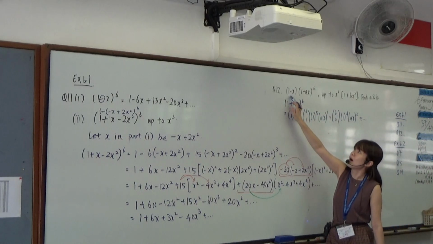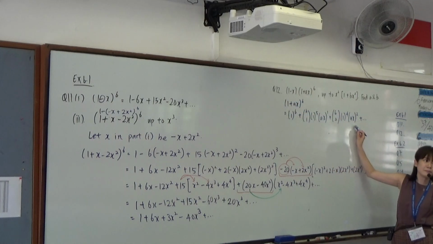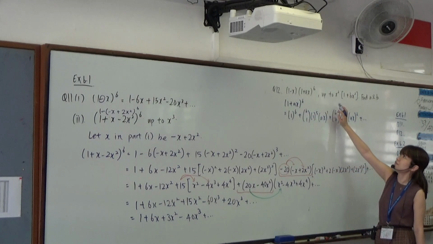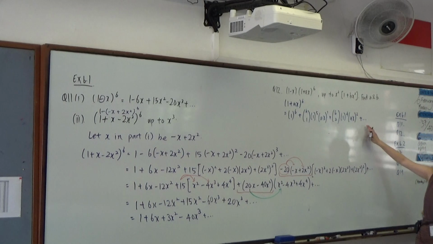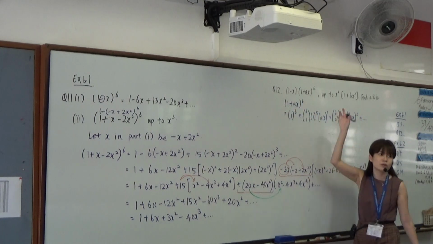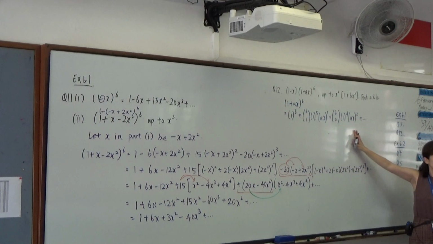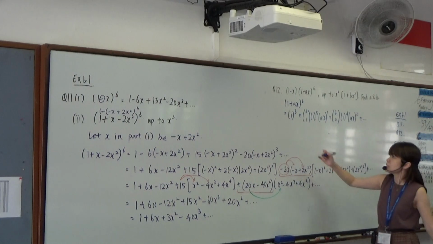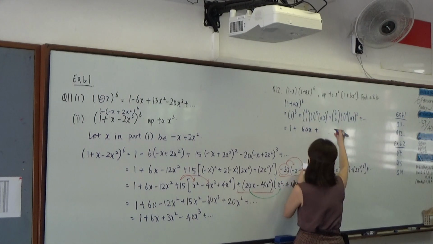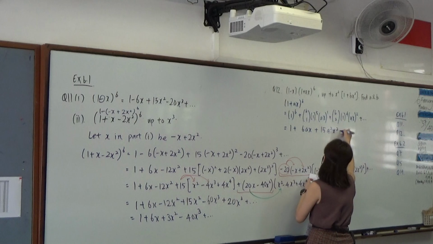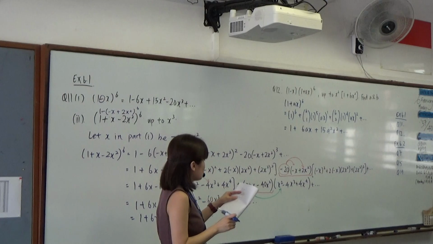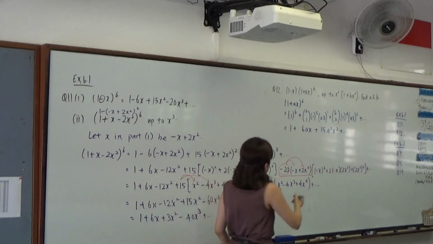So I will need my 1 to multiply with an x squared term and my x to multiply with an x term. If I expand up to another x cubed, that will be too much already. It will surely exceed. So expanding up to here will be the best already. So we simplify: plus 6ax plus 15a squared x squared. Okay, then now we can proceed.